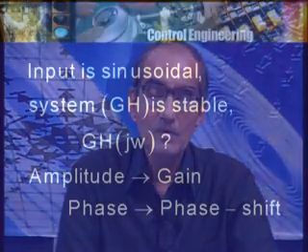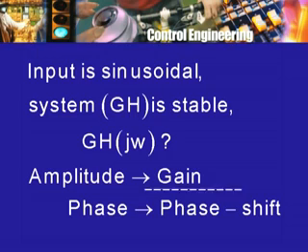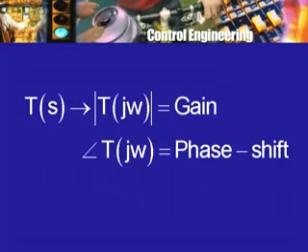Now, this is a result which can be proved, that the gain and the phase shift can be obtained from the transfer function T of S by simply doing the following. Replace the S by j omega, where omega is the angular frequency of the sinusoidal signal that one is looking at. Then this also will be a complex number.